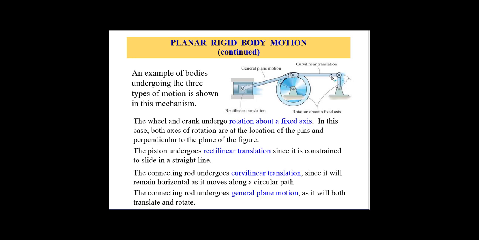This ensures that this link doesn't rotate, but moves up or down along a curvilinear path without any rotation. So it's a curvilinear translation. However, for this other link, because this point is rotating and this point is translating, it has a combined motion, which is general plane motion.